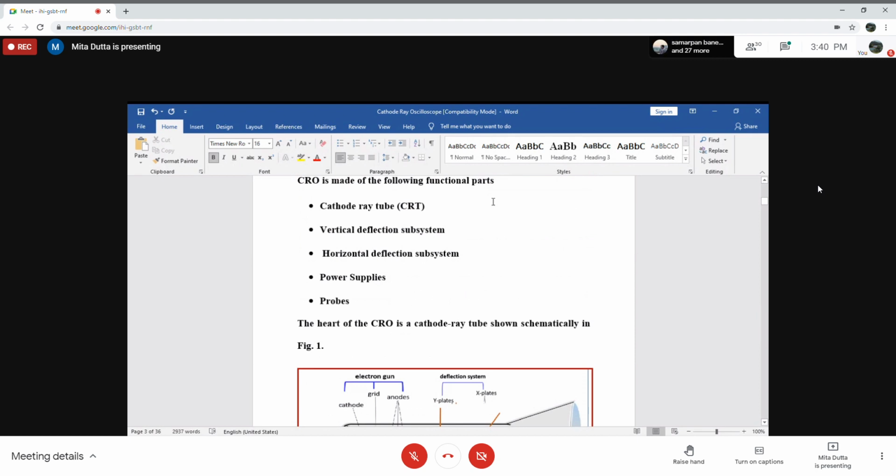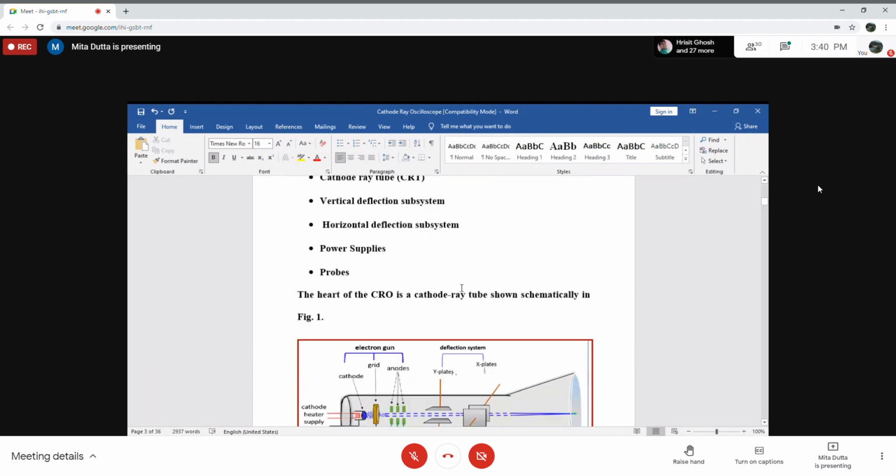Now, I have already told you the CRO is made up of a cathode ray tube, vertical deflection subsystem, horizontal deflection subsystem, and power supplies, because some internal circuitry of the oscilloscope needs a power supply. And this is the oscilloscope probe.